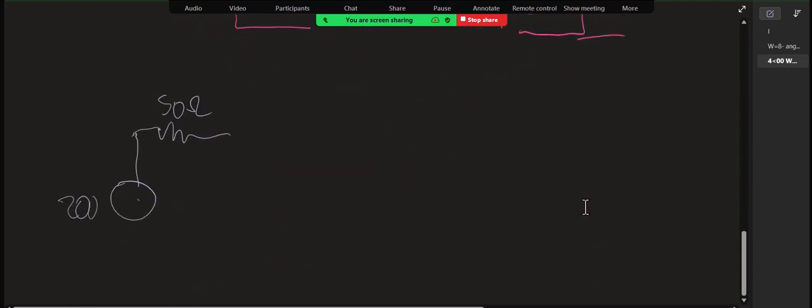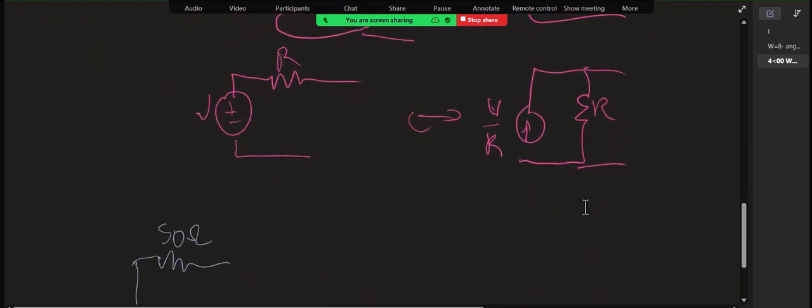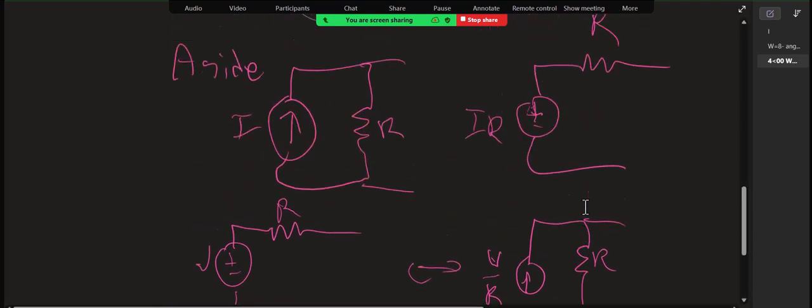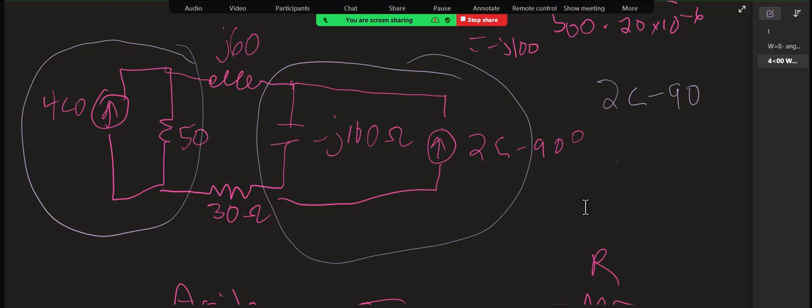And then we'll have the j60 inductor. And then the voltage source on this side, well, 2 angle negative 90, that's the same as minus j2, because negative 90 is going straight down, that's on the imaginary axis, so that's minus j2.